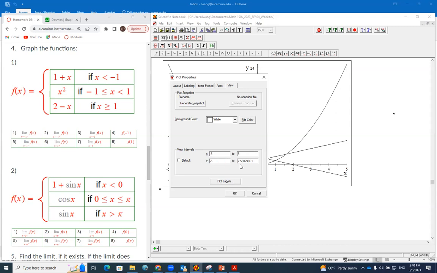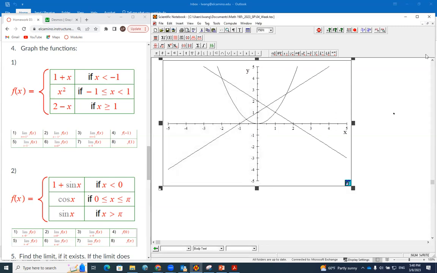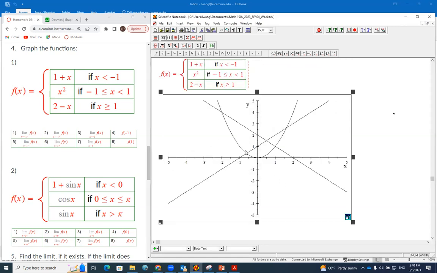What you need to do is first know which one is which. This piece is 1 plus x, and of course this one is x squared, and the last one is 2 minus x.